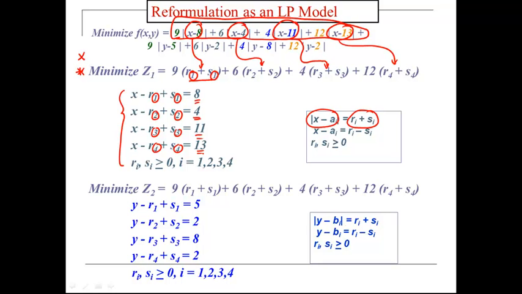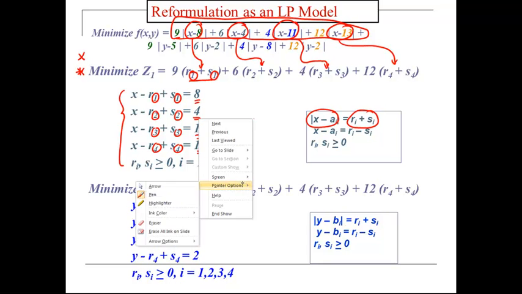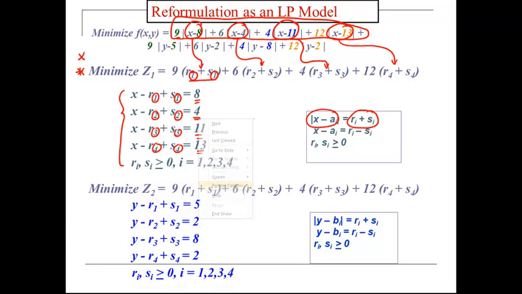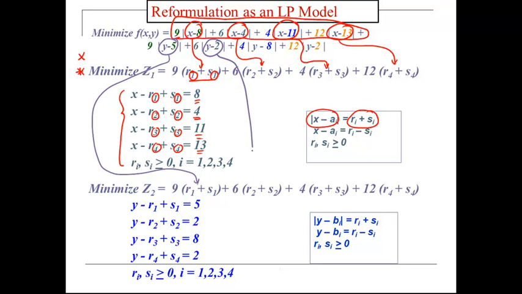And now this will correspond to this. This will correspond to this.